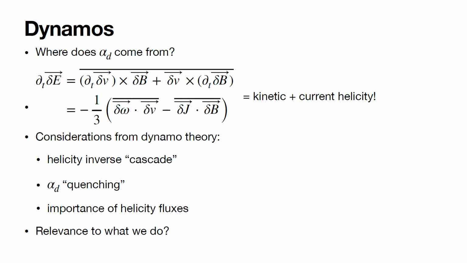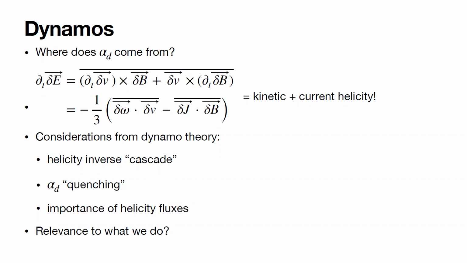So we need helicity to make there be an alpha effect. It turns out that you also have helicity as the thing that makes the alpha go away when the magnetic field gets big enough. Basically, it seems that as the field grows, this thing starts growing and it cancels out this thing, right?